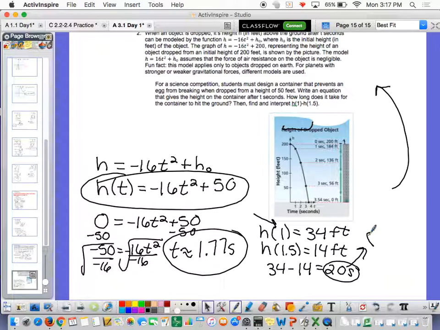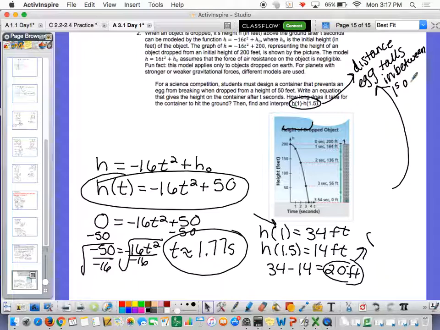Well, let me say this. If you take these, these are both heights, so your answer is going to be a height. Okay, this is the distance. That's not seconds, that's feet. That's why I was confused. This is the distance, which is 20 feet. The distance the egg falls in between 1 second and 1.5 seconds.